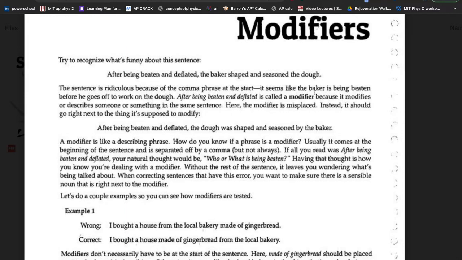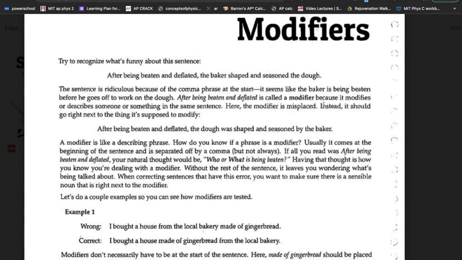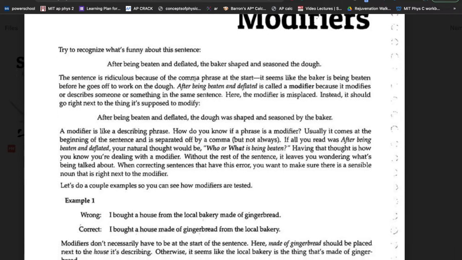They make things clear. This one already had a modifier but it was misplaced. If we put it in the correct position, we can write: after being beaten and deflated, the dough, not the baker. If you put the baker after that, people are going to assume those actions were done to the baker.